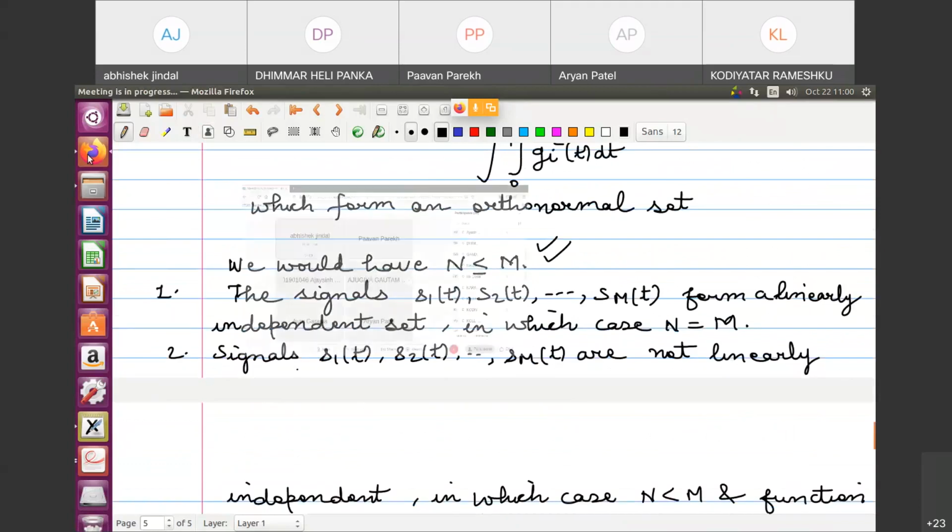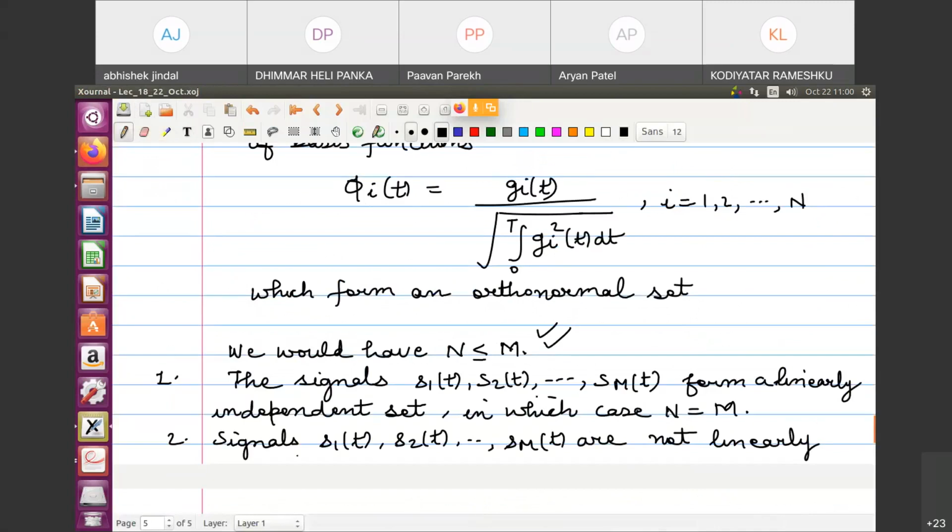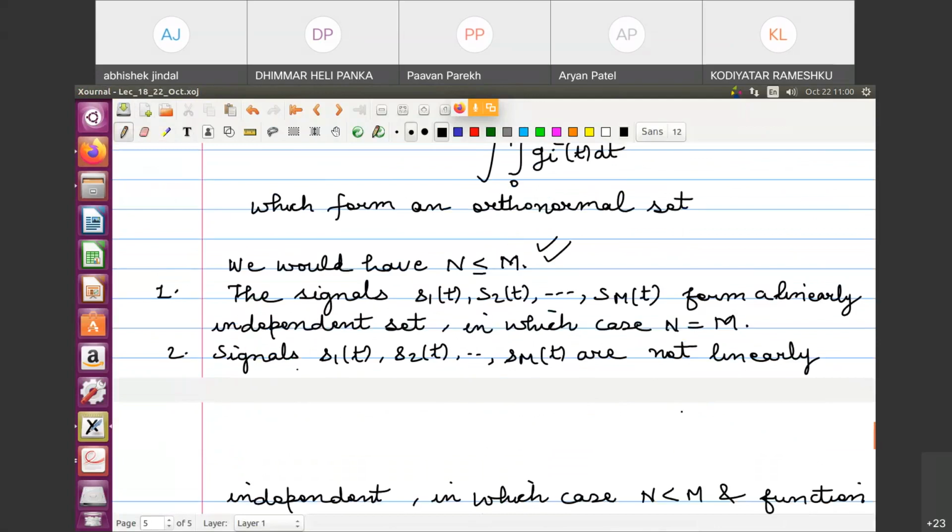So what do we really mean by whatever we are writing? What we are saying is, if you start with 4 signals, S1(t), S2(t), S3(t) and S4(t), and if those 4 signals are linearly independent, it means one cannot be expressed as a linear combination of the others. Then that set is linearly independent.